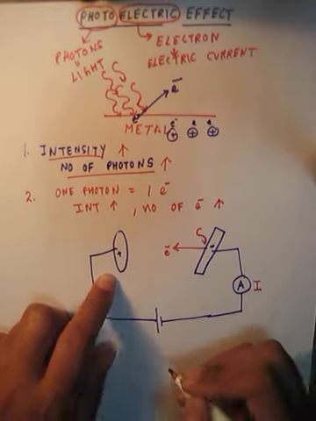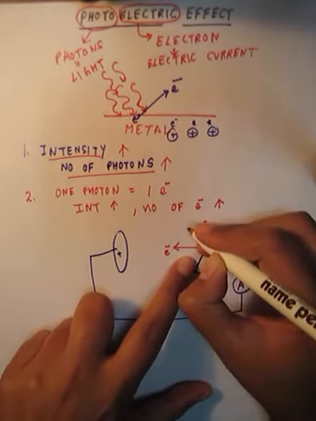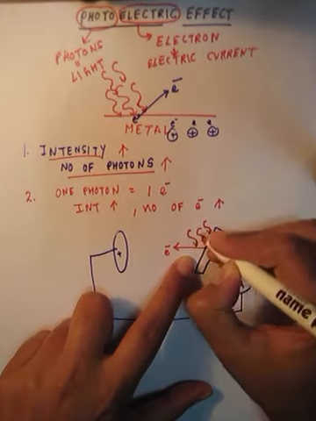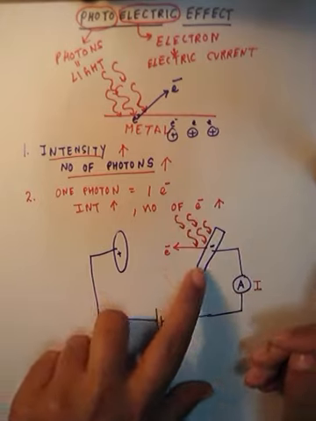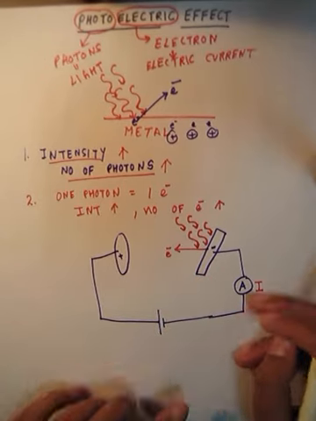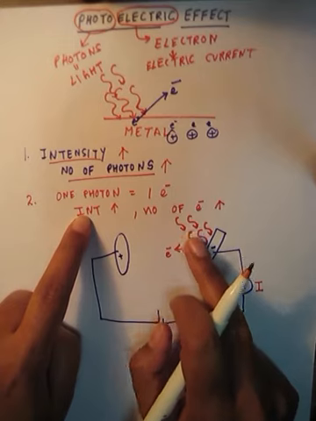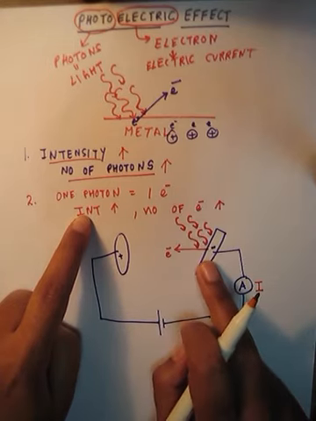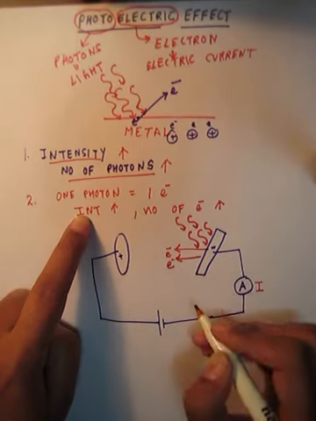So now, if the photon intensity will increase, let's say more and more photons are falling on this surface, then this current will increase, because if the intensity of photons falling on this surface will increase, more and more electrons will be produced.